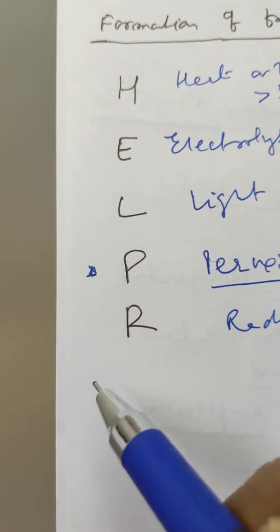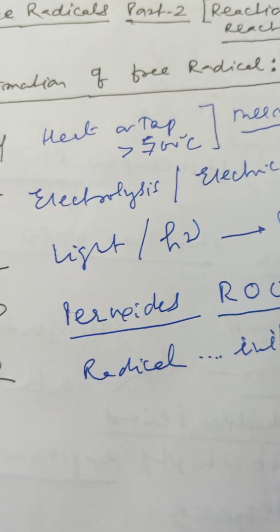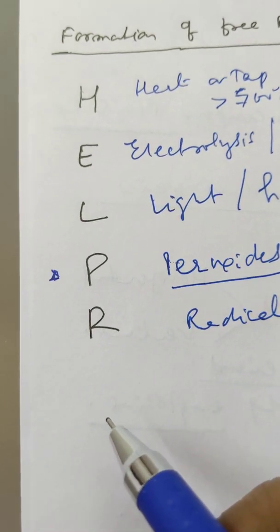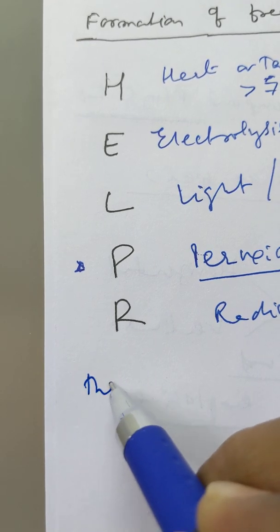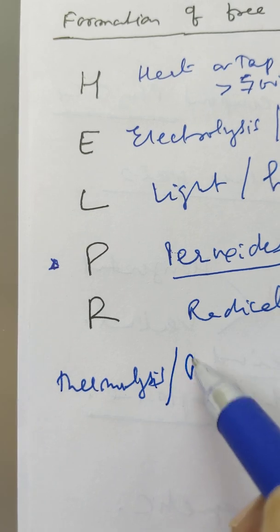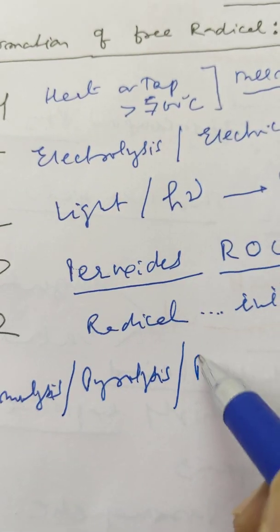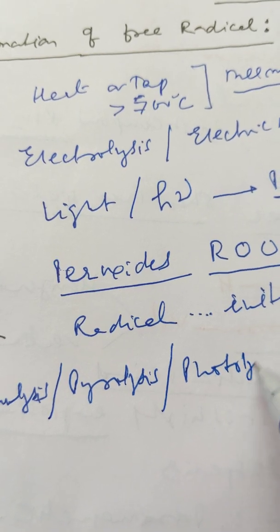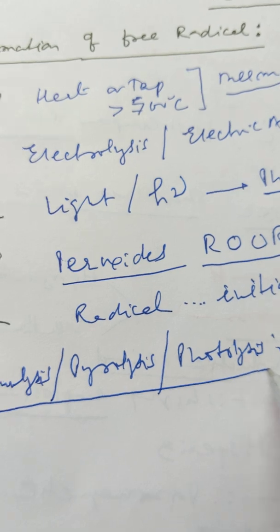Let us take example of one by one. Say, take the example of thermolysis or pyrolysis or photolysis. We can combine these examples of how free radical is formed.